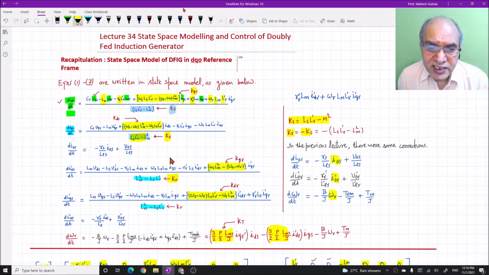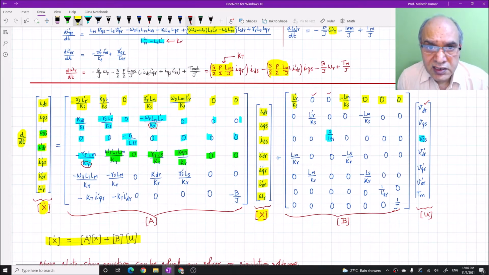I can write minus Ks, but just to have a better notation, we have used Kr because it refers to the rotor. So it adds to the more consistent notation for these coefficients. And obviously Kr is nothing but minus Ks. So if you want to make it more clear, it is minus Ks.